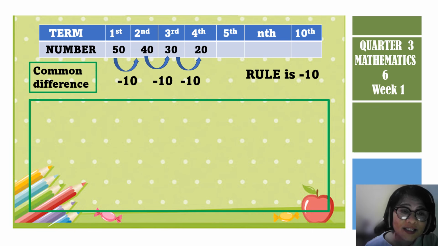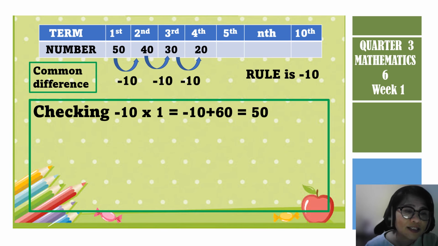Remember the rule in adding or subtracting integers. So let us check first kung pwede ba natin gamitin ang minus 10. So to check, we have our sequence: negative 10 times the first term is equal to negative 10, kasi if we multiply unlike signs, the answer is negative.